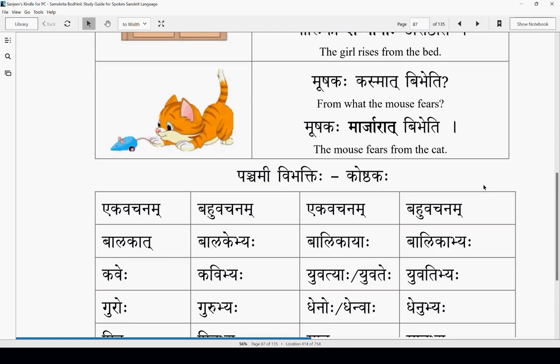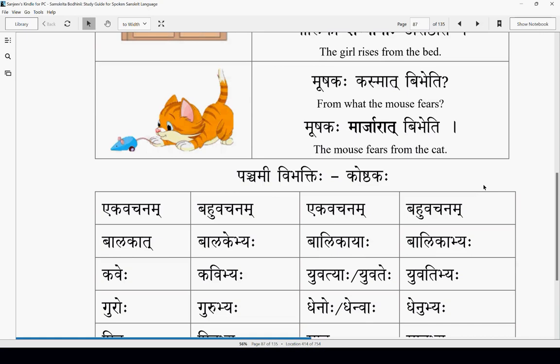Another sentence. Anybody want to try with the bibheti? Mrugaha simhat bibheti. Then Shiva Shribhagini. Translate the sentence: Thief fears from policeman.